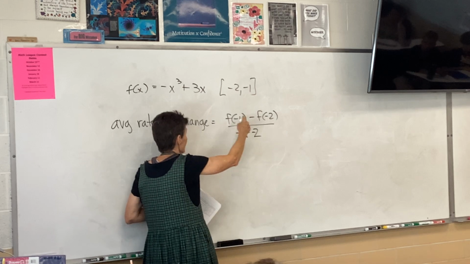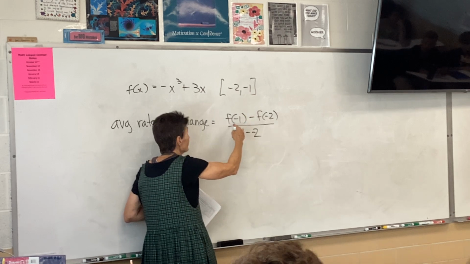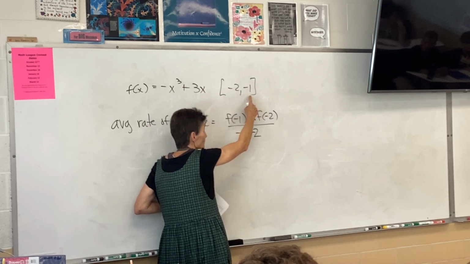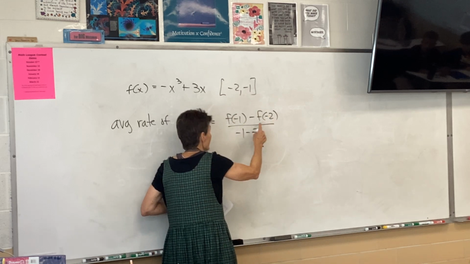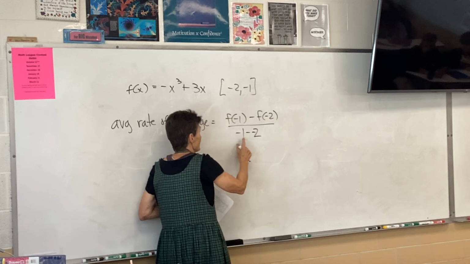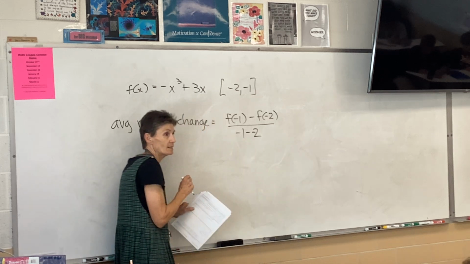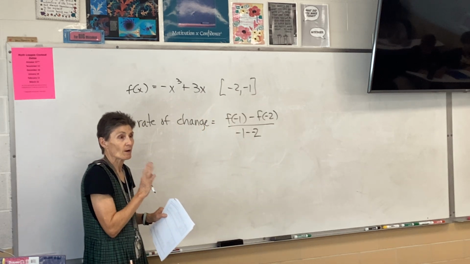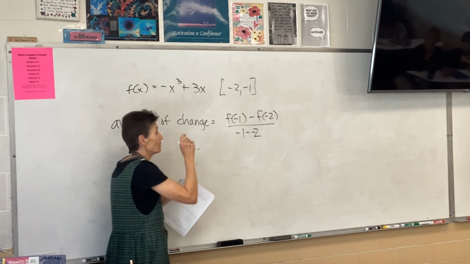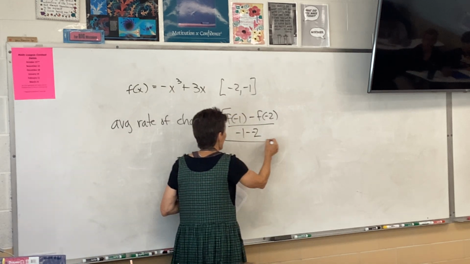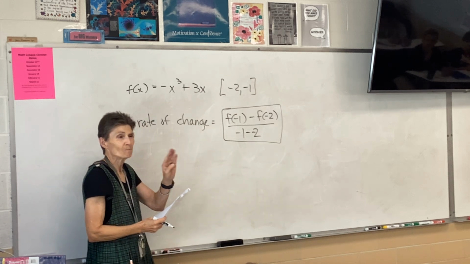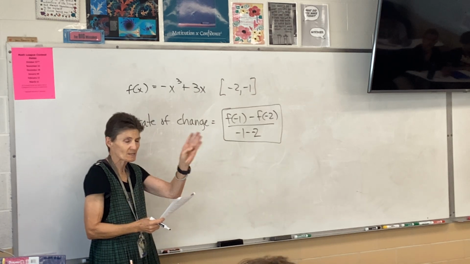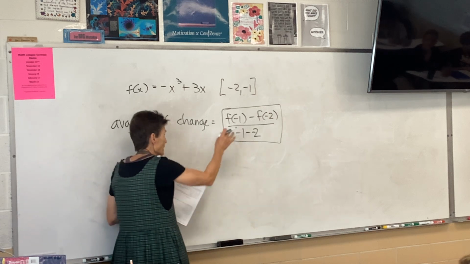But what's this? That's just y. That's y2, right? So we're just going to find y2, we're going to find y1, we're going to subtract them, and then we're going to take x2 minus x1. And that's your average rate of change. This is the way you have to write it though, guys, with the function notation. It means the same as slope. It's y minus y over x minus x, but write it this way.